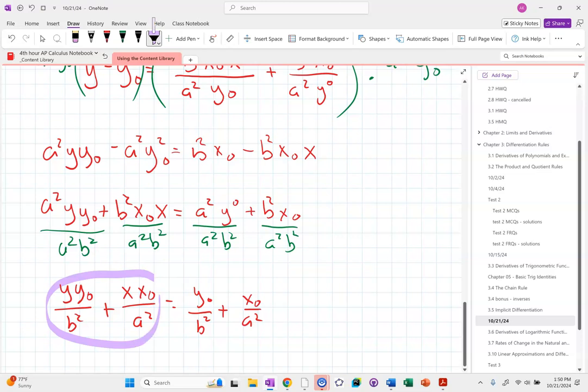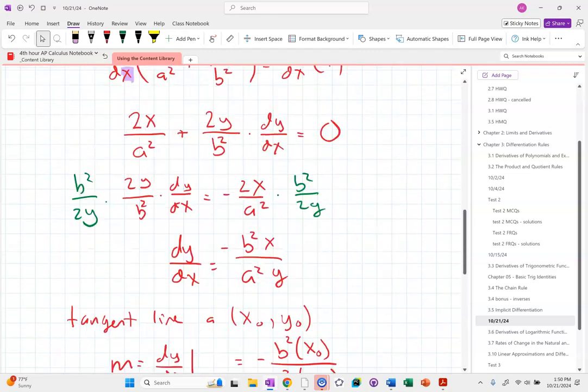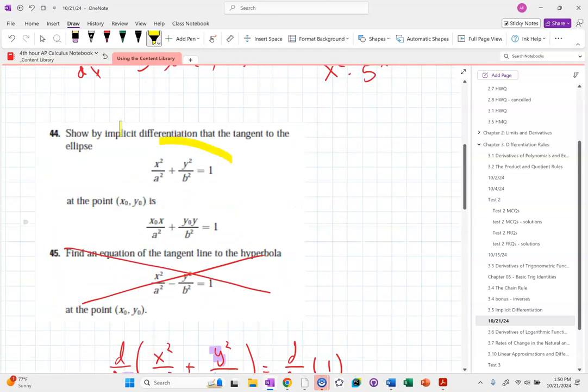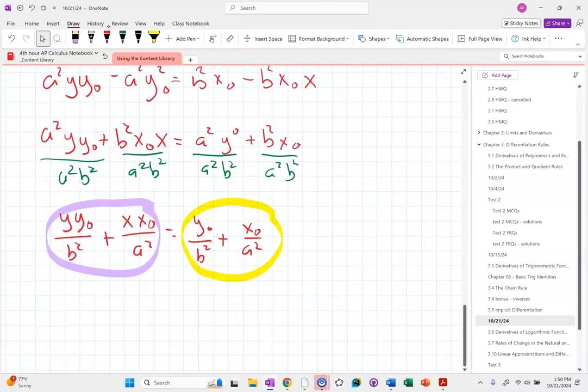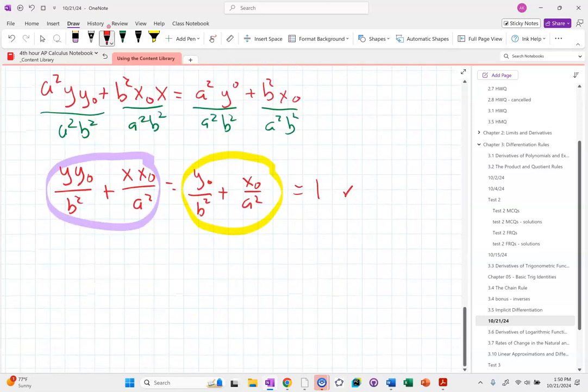So this side is all good. That's what I wanted. If I look at this side and I go back to the very beginning, that is right here. That side is 1. And we're done.